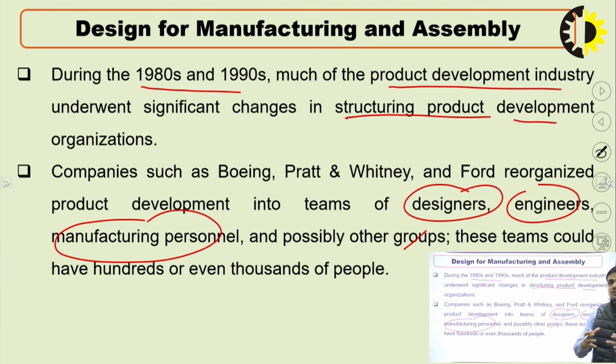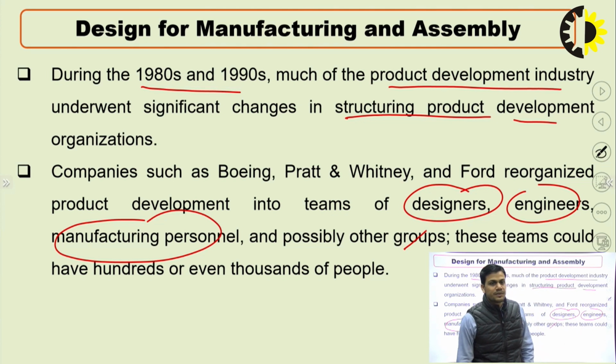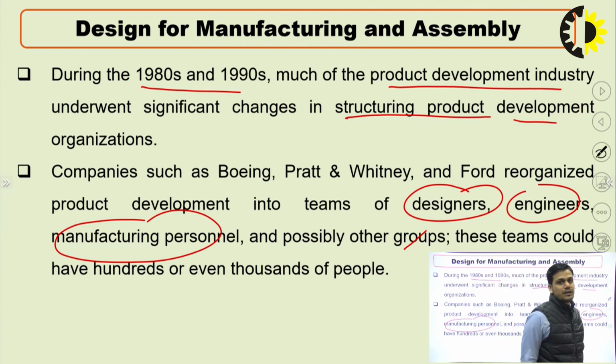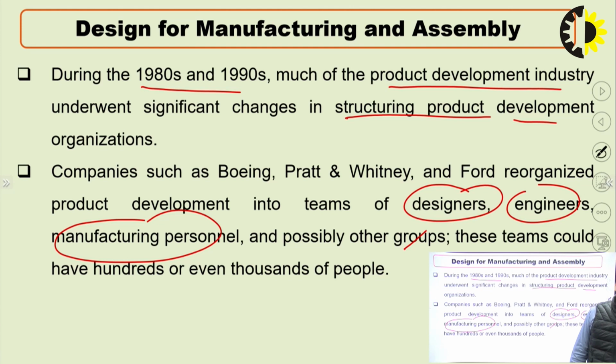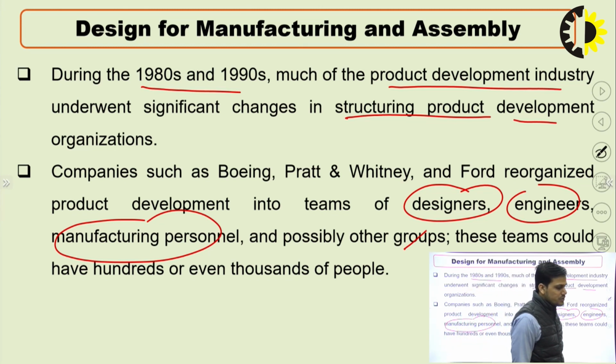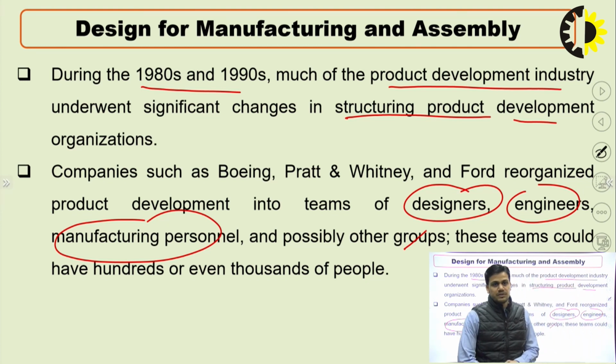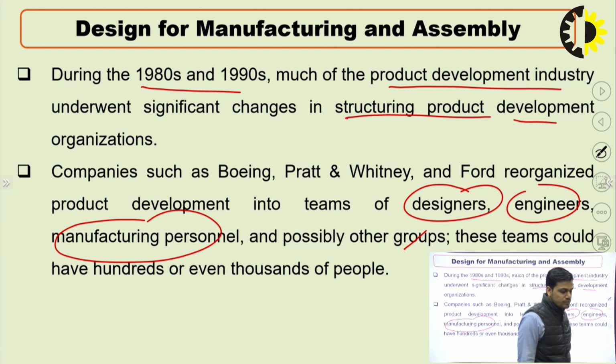So how can we organize them? How can we design that particular system so that we can structure everything? Because in the assembly line we have different kinds of machines. We have to create a structure: over here machining, over here some forming process, and design and everything in the tool room.